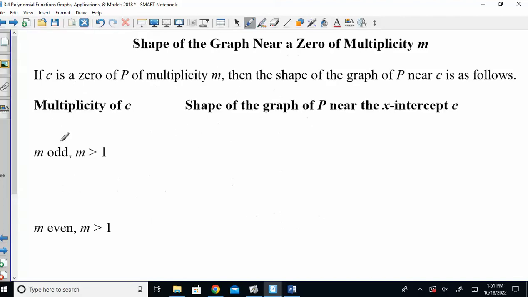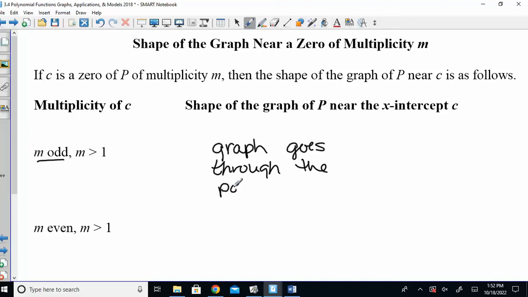So, as it turns out, anytime the multiplicity is odd, your graph will go through the point. So whether the multiplicity is 1, 3, 5, 7, if it has an odd multiplicity, then my graph will hit there and then just keep going.